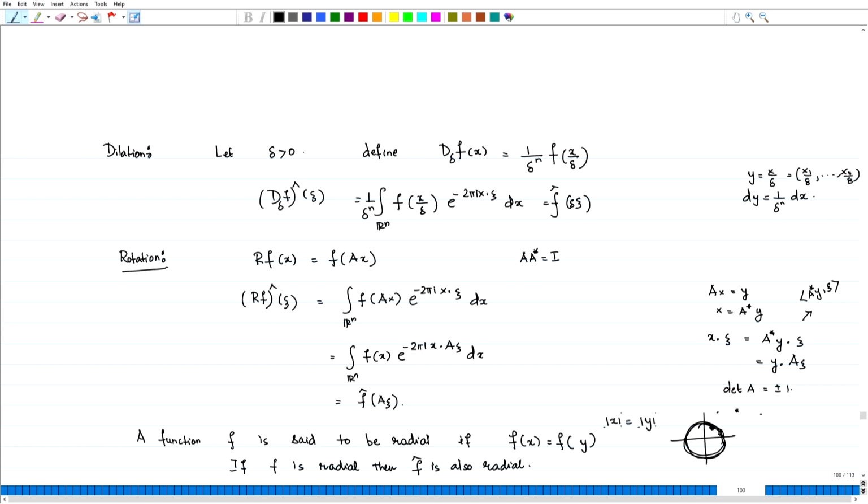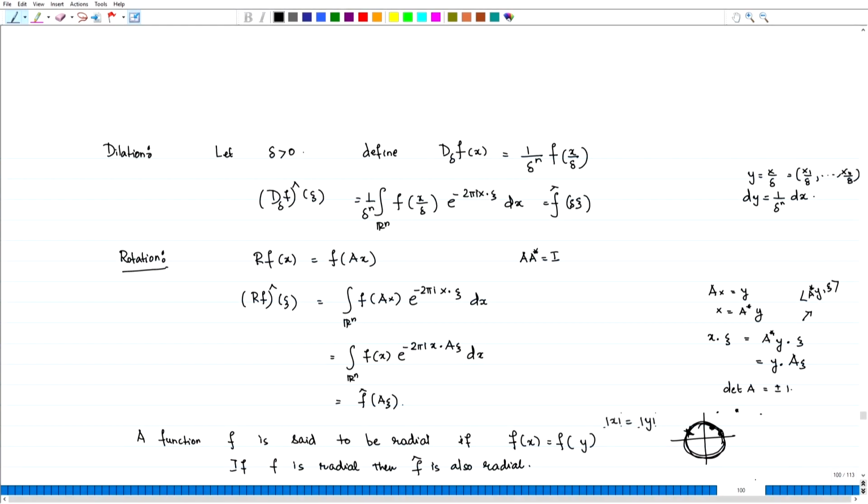From any point here, suppose I want to compute f hat at this point, then I can find a rotation A such that I can transport x to this point on the sphere. So, that is what our Rf has now become. What we know is that it is essentially f hat of A xi. Therefore, it is going to be constant all throughout on the sphere of the radius mod xi.